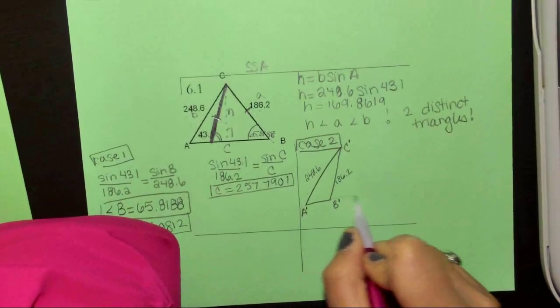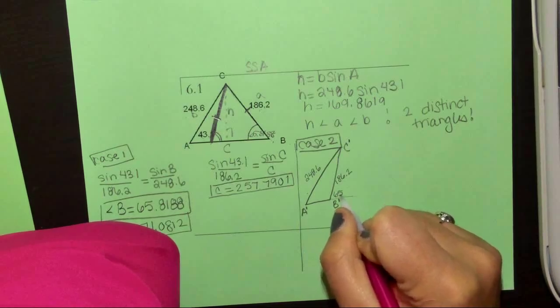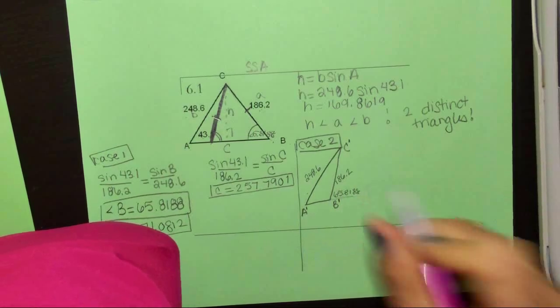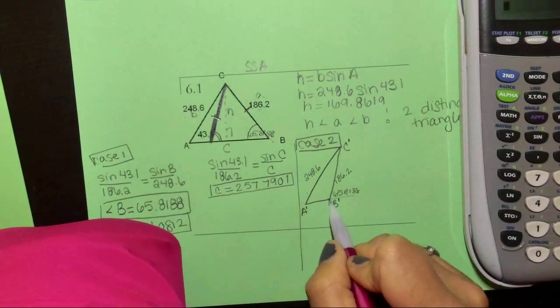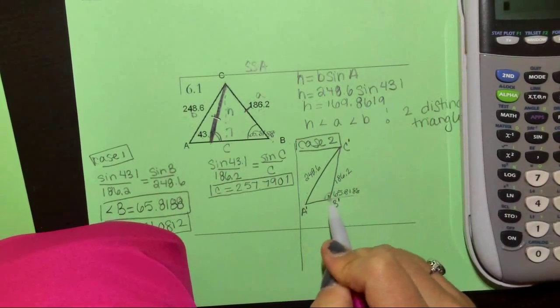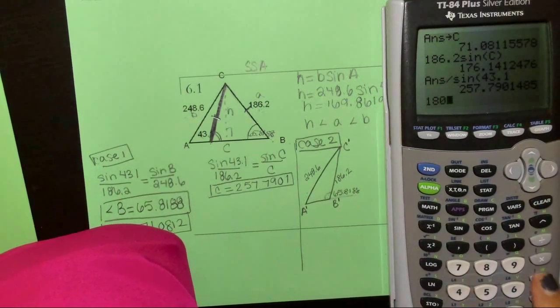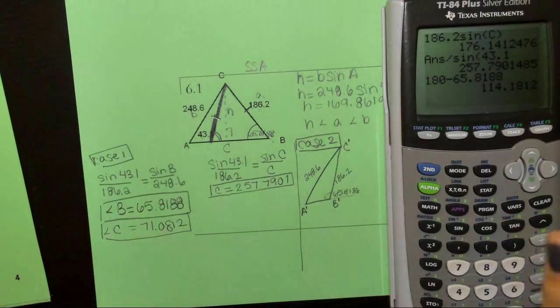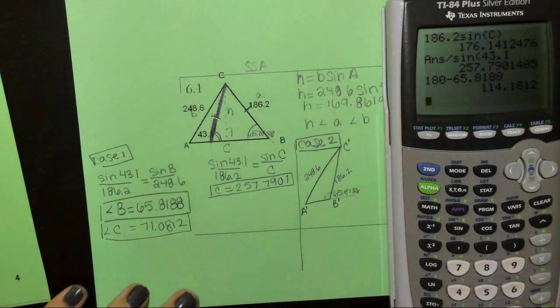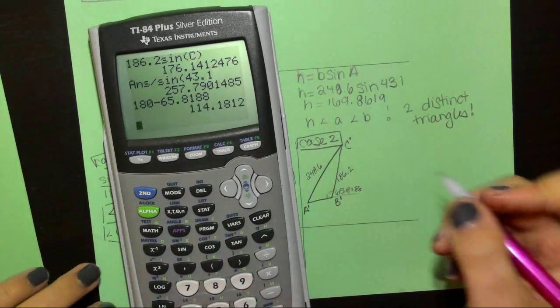Now, this exterior angle out here is 65.8188. In order for you to find what B prime would be, that angle, you know that these two are a linear pair, they're supplementary. So you're going to take 180 and take away 65.8188. Okay. So your new angle B for your case 2 is going to be 114.1812.